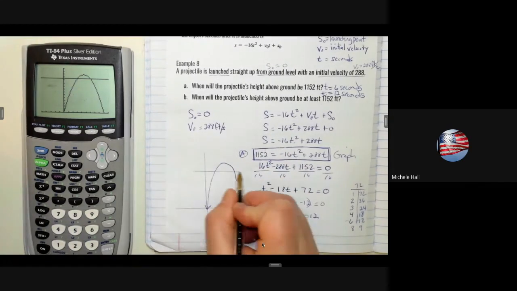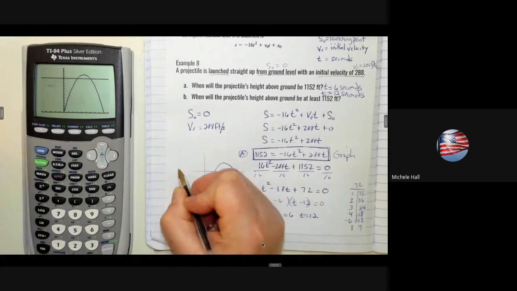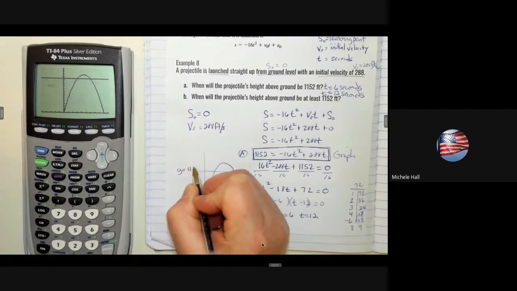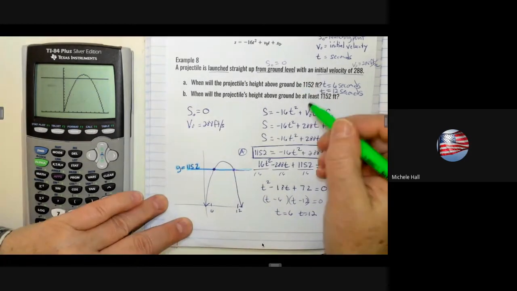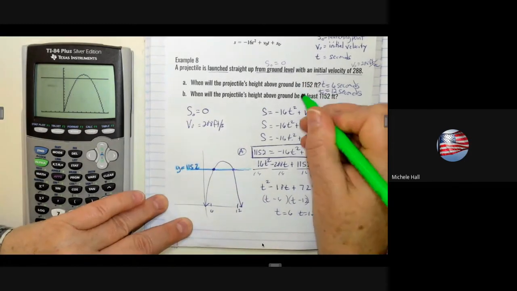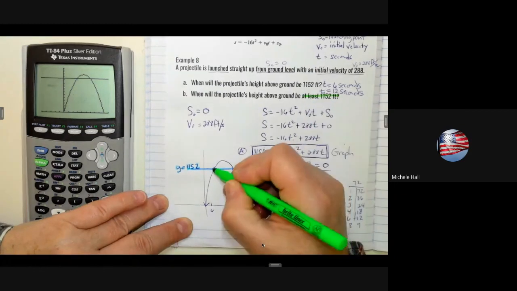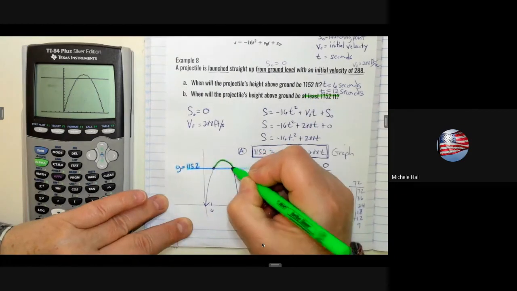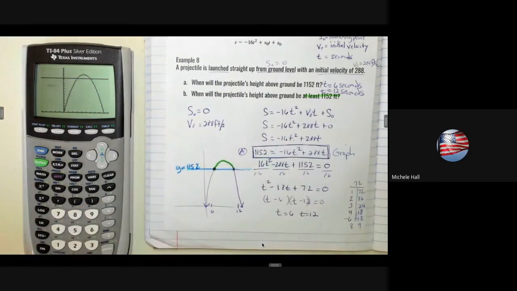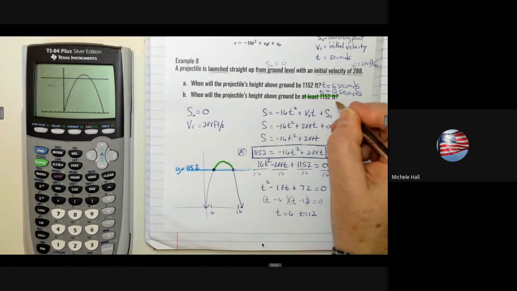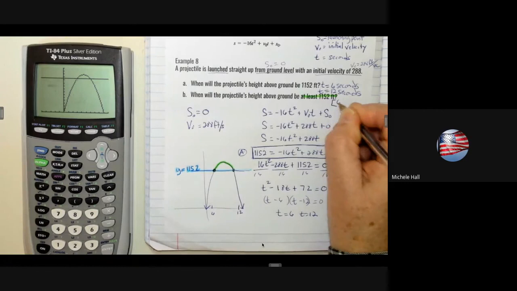This would be y equals 1152. So problem B, at least 1152, would be from here to here. At the very least, and then it can be anything above that. So we would say that it has to be between 6 and 12. It includes 6 and it includes 12.